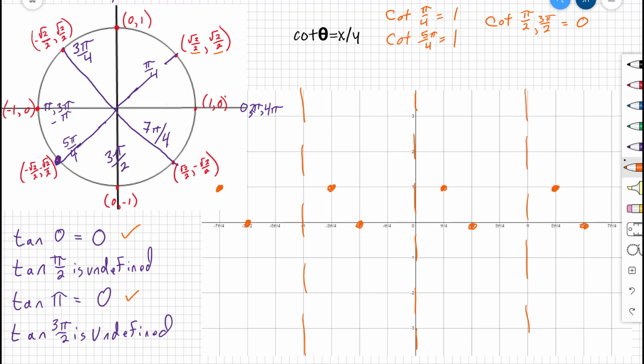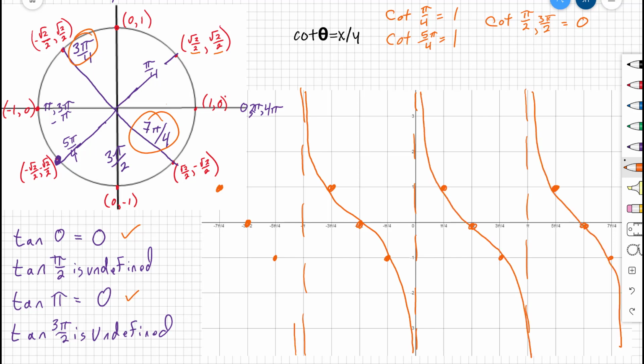And finally, at the points where tangent was negative 1, at 3 pi over 4 and 7 pi over 4, cotangent is also negative 1, because the reciprocal of negative 1 is negative 1. This gives us a graph that looks a lot like the tangent graph. It's a bit of a reflection and shifted, and that's because the asymptotes are in a different place. But this is the graph of our cotangent function.